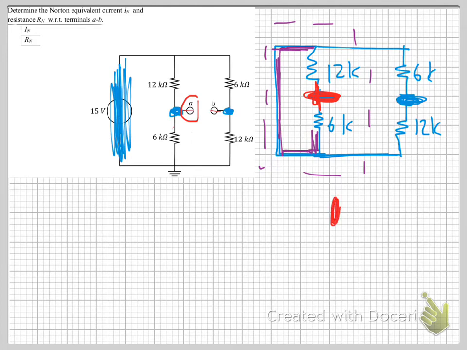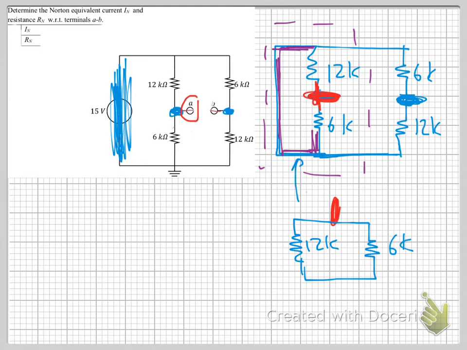There's this red spot, and then you've got a 12K there, and you have your 6K there. I just redrew that corner.